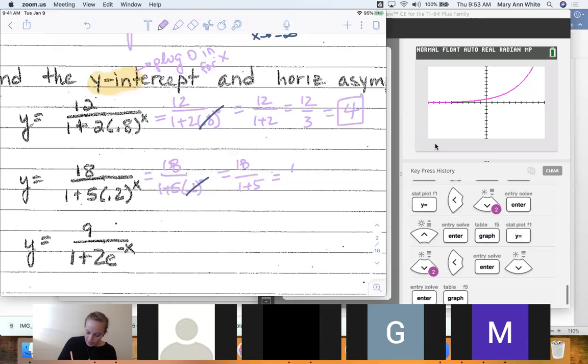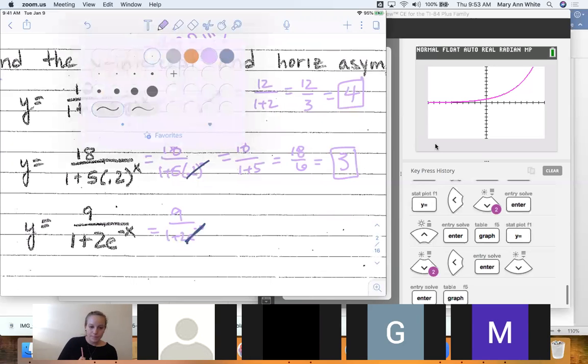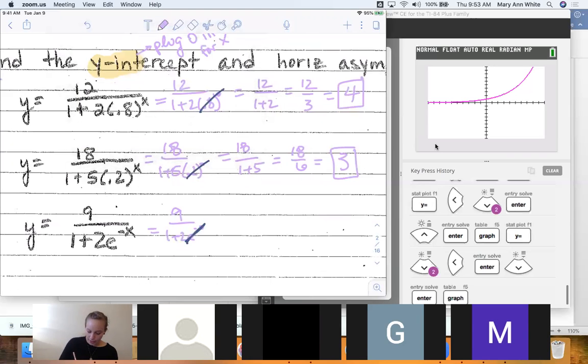And then 18 divided by 6 is 3. Last one, same idea. I'm raising e to the negative 0. Well, negative 0, positive 0, they're the same. Cancels out, so I get 9 over 1 plus 2, which is 3. And 9 divided by 3 is also 3.